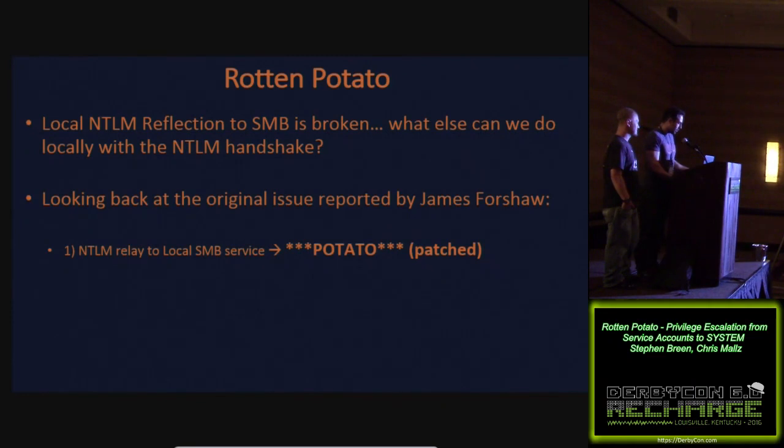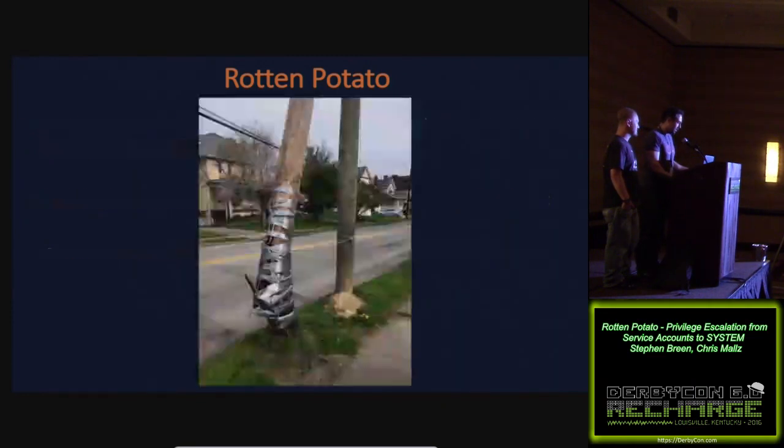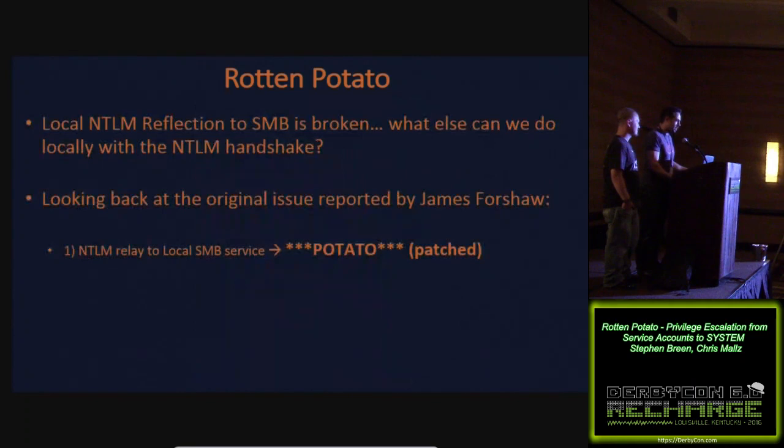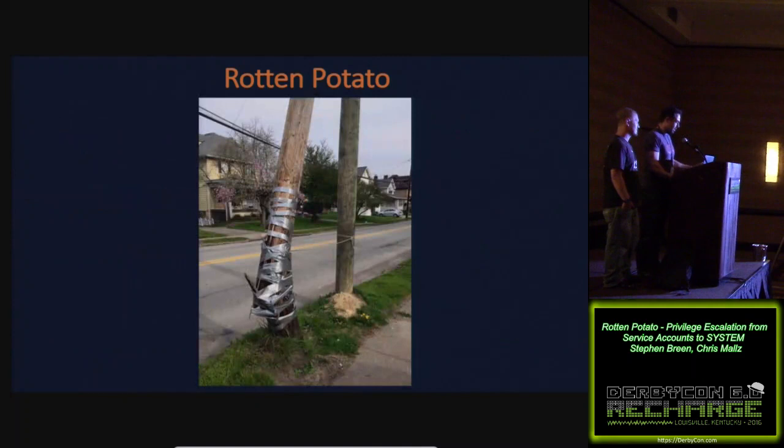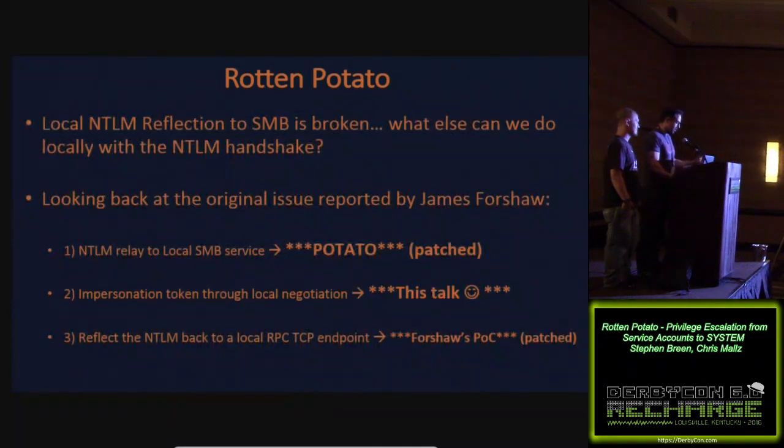He said you can reflect the NTLM authentication back to a local RPC endpoint and released a POC that did some cool things with symlinks and ended up dropping an arbitrary file in an arbitrary location as system. Super cool, but they patched it. And finally, and it's just sitting there in that issue, it's the second bullet point in that issue we linked, or showed on the screen: you can get an impersonation token through local negotiation, and that's all this talk is about.